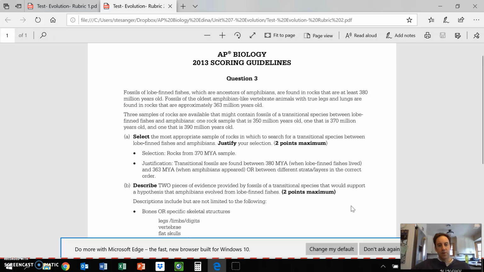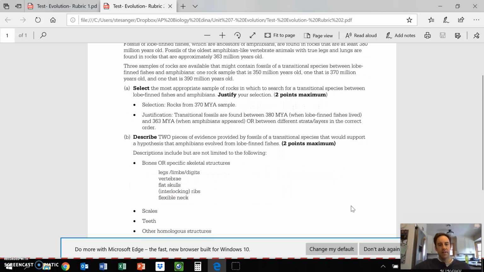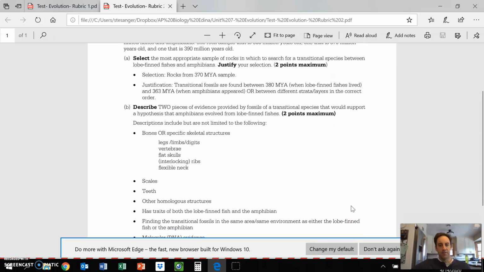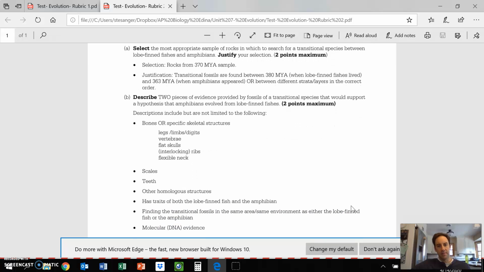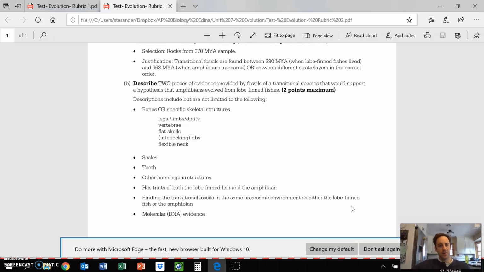Part B: describe 2 pieces of evidence provided by fossils of a transitional species that would support the hypothesis that amphibians evolved from lobe-finned fishes. Descriptions include but are not limited to the following. So you've got a big long list of characteristics that might be present on that transitional species. Note that we want to be as specific as possible.